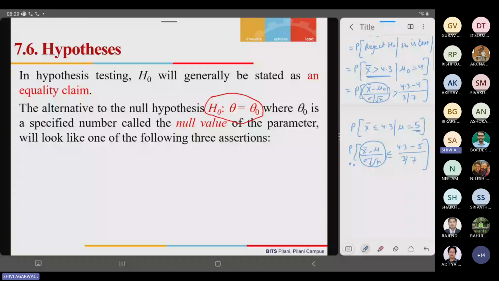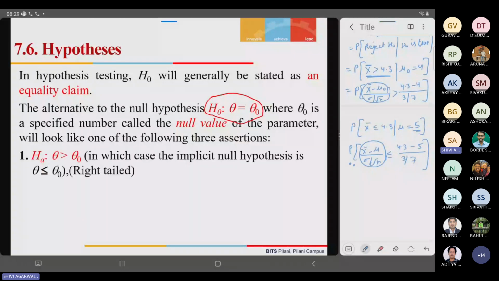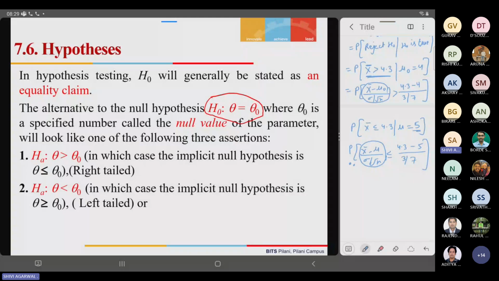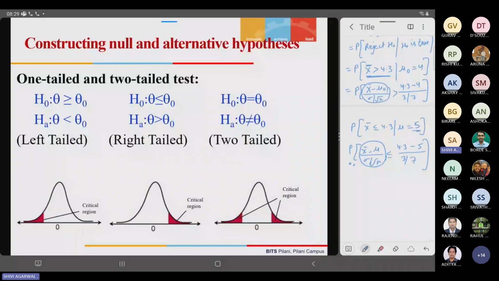Now we are starting section 7.6 according to your textbook. This is the right tail problem, this is the left tail problem, and this is the two tail problem. In the left tail problem the rejection region is in the left part of the curve, and in the right tail problem the rejection region is in the right side of the curve.